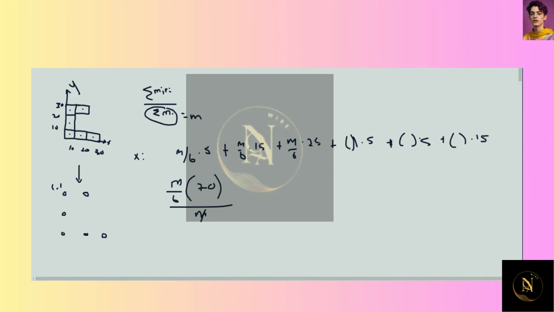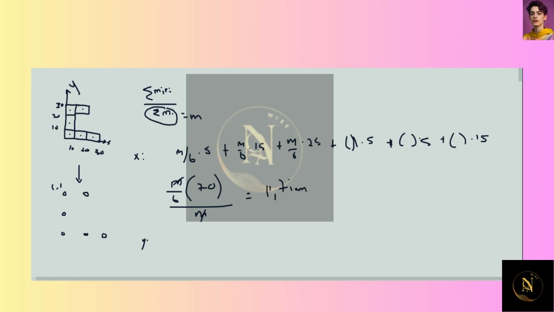Notice that these can cancel, so your x coordinate is just going to be 70 over 6. And 70 over 6 is something around 11.7 centimeters in this case, in the x direction.